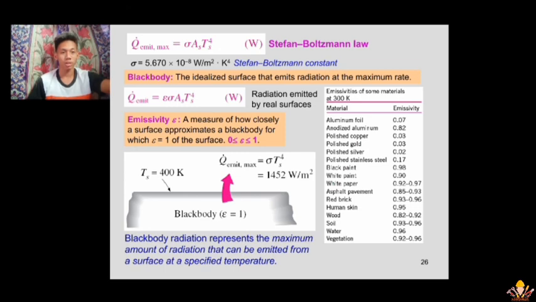Emissivity is a measure of how closely a surface approximates a black body, for which emissivity of the surface is equal to 1. Emissivity is greater than or equal to 0 and less than or equal to 1. We have the table of emissivities of some materials at 300 Kelvin.